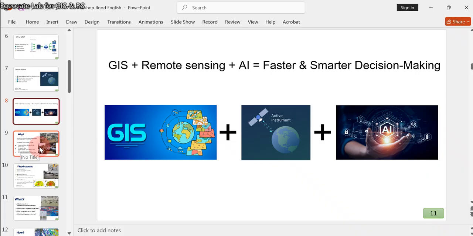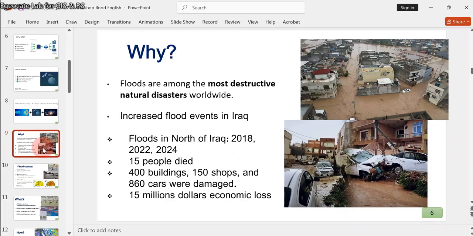And we will answer and focus on this later in this seminar. But before that, let's focus on the second part of the seminar, which is answering this question: why floods? Why do we need to focus on flood mapping and monitoring?